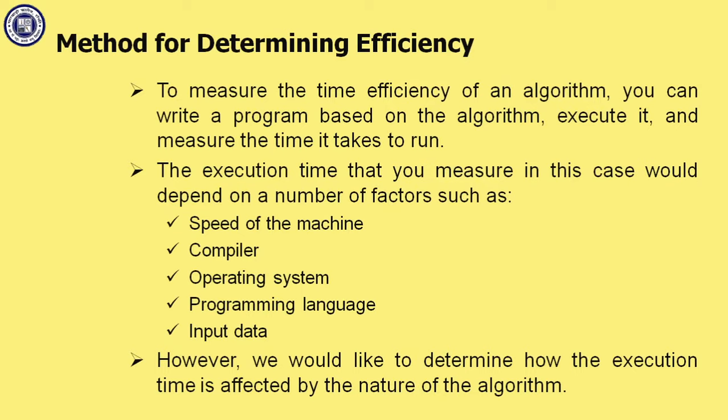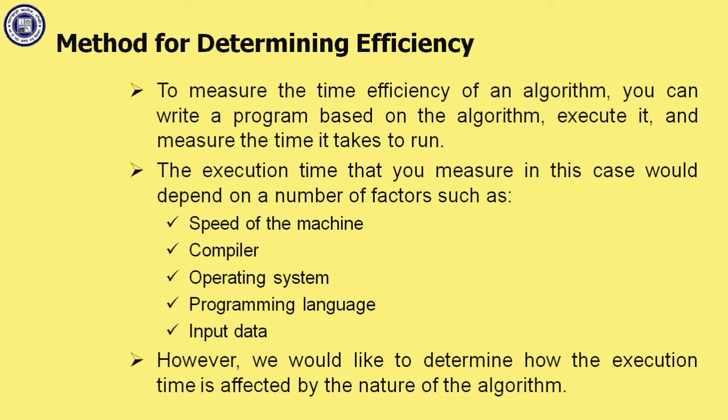Then the execution time that we measure in this case would completely depend on a number of factors that we have already discussed. That is the speed of the machine. Some computers are faster, some are slower. So the people who are using faster machines will have maximum efficiency.